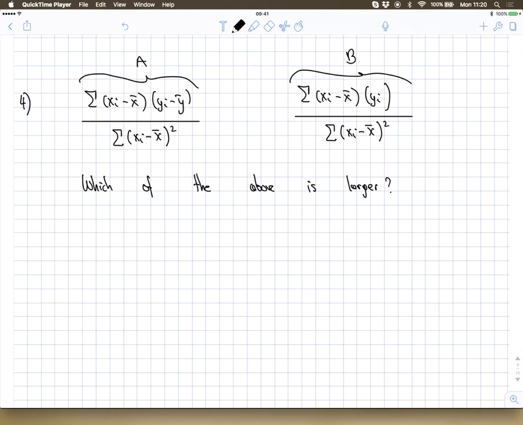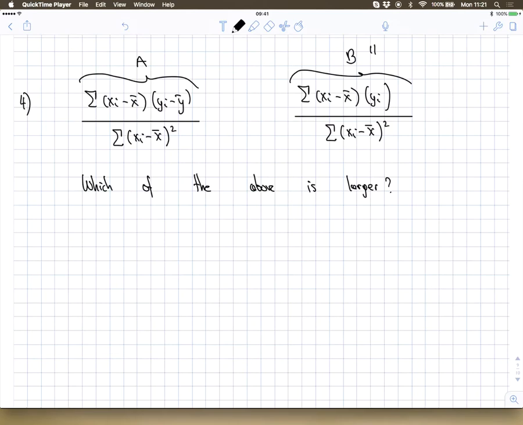No one. How many of you think that B is larger? 11. How many of you are uncertain? 2. How many of you have a different answer?